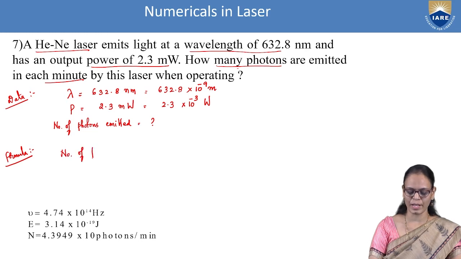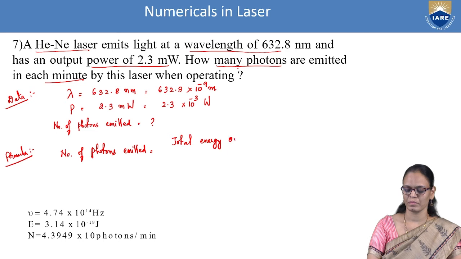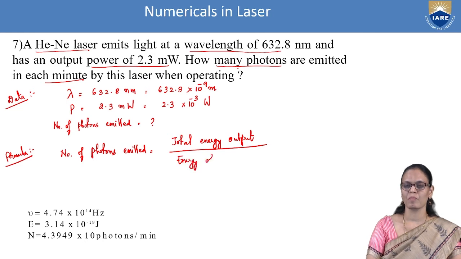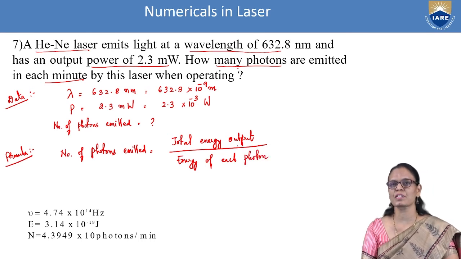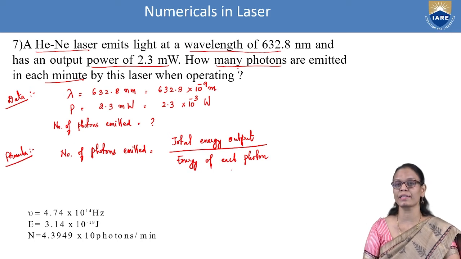Number of photons emitted will be equal to total energy output upon energy of each photon. So we will calculate first the total energy output, then we will calculate the energy of each photon, substitute and get it.